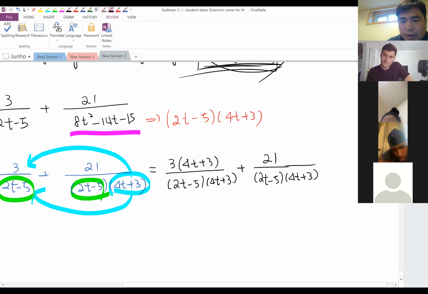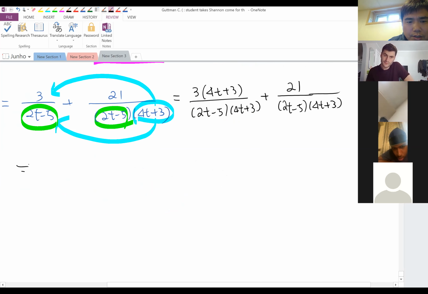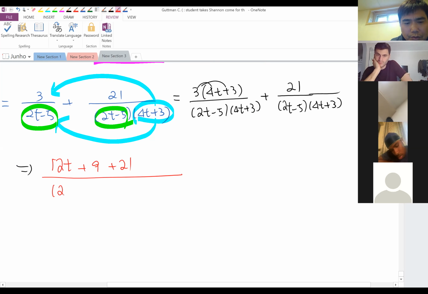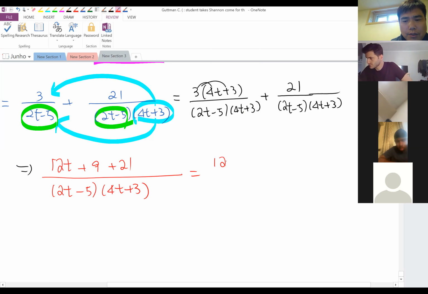Okay. And now, just distribute and then combine like terms, then 12t plus 9 plus 21 over 2t minus 5, 4t plus 3. Therefore, 12t plus 30 over 2t minus 5 and 4t plus 3.